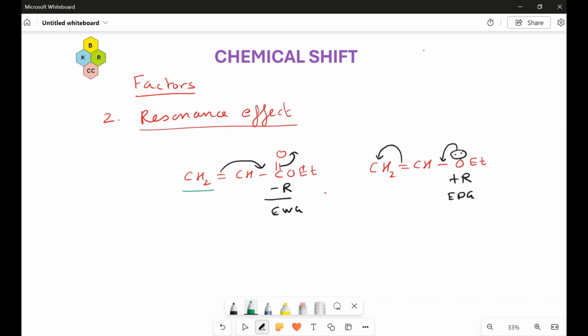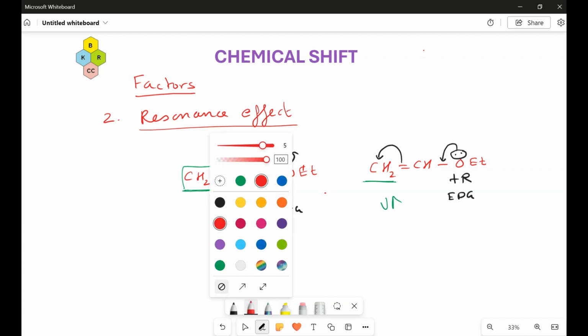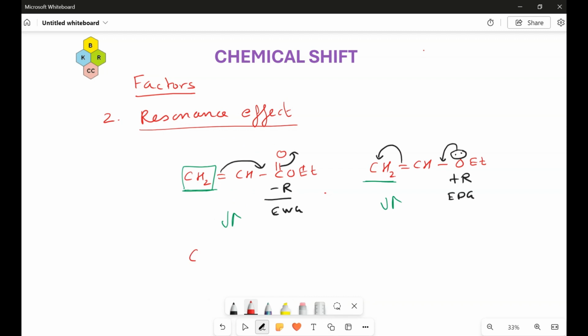When I compare the electron density of these two CH2, the CH2 of this particular carbon will be carrying a positive charge. So let me write the resonance structures first. I'll be having CH2+ CH=O OEt, and here I'll be having CH2- CH=O+ ethyl.